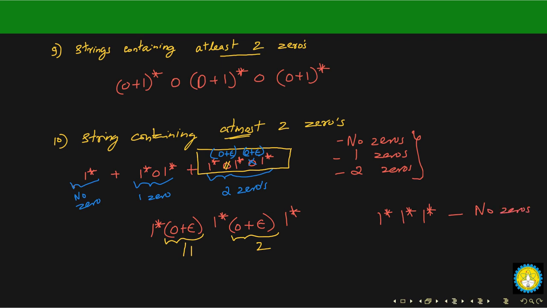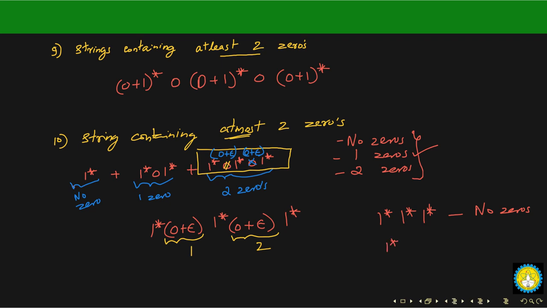Now let's look at the second case, where we need to accept strings with just one 0. In that case, in location 1 or in location 2, I have a choice of just taking epsilon. So there are two ways of having this.